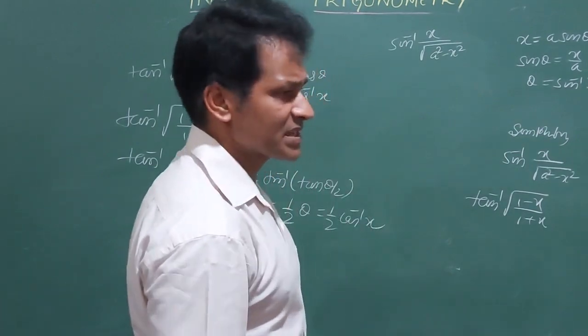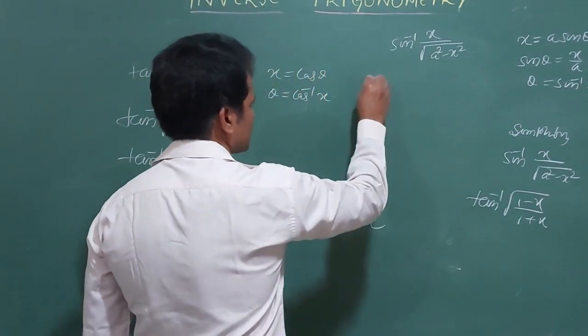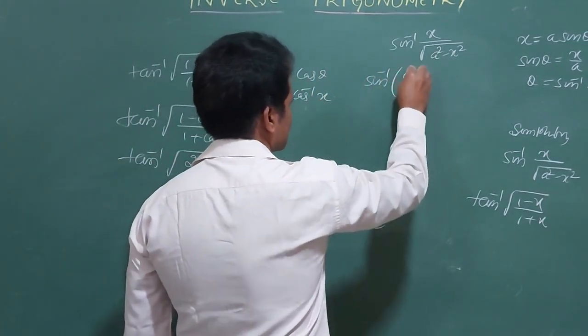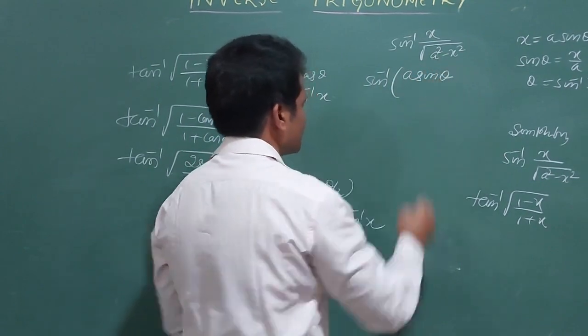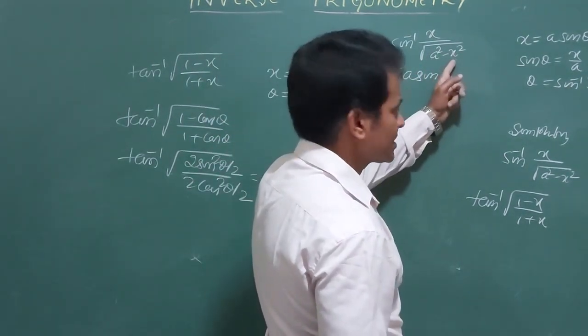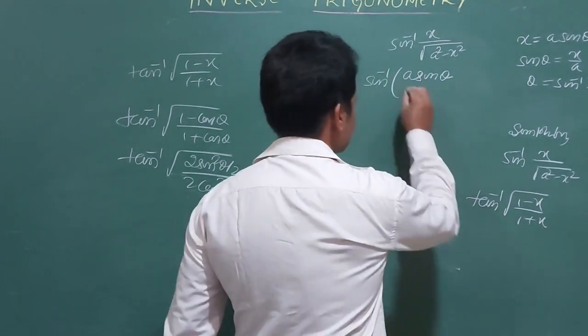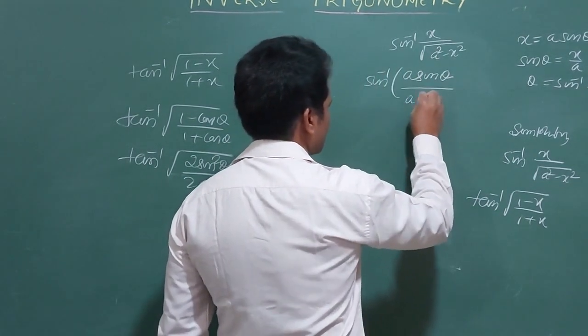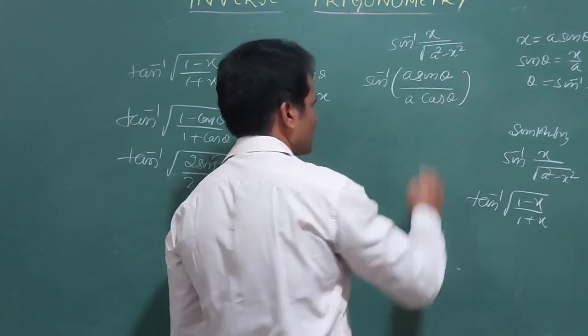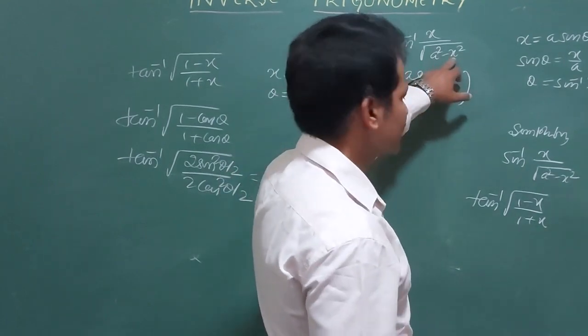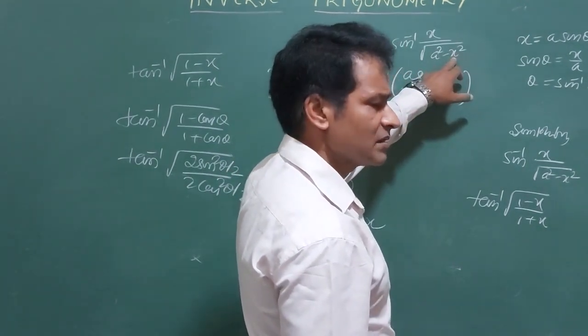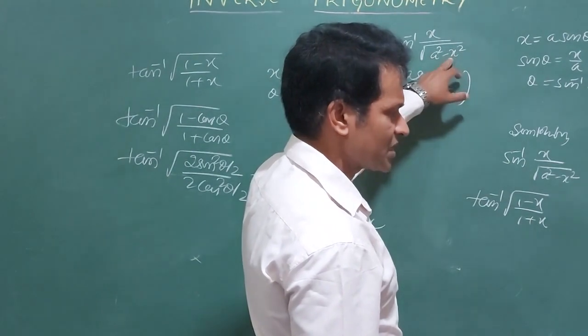Theta is equal to sin inverse x by a. Replace it here. X is equal to a sin theta. A square minus a square sin square theta. Take a common, what I did: a square minus a square sin square theta, a square take common, 1 minus sin square theta is cos square theta.